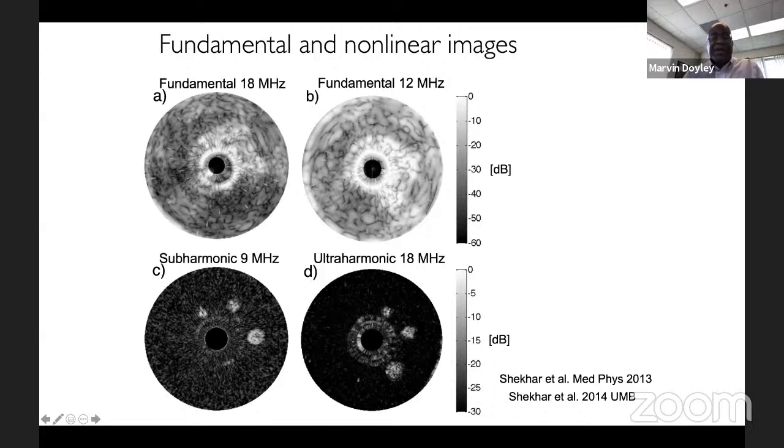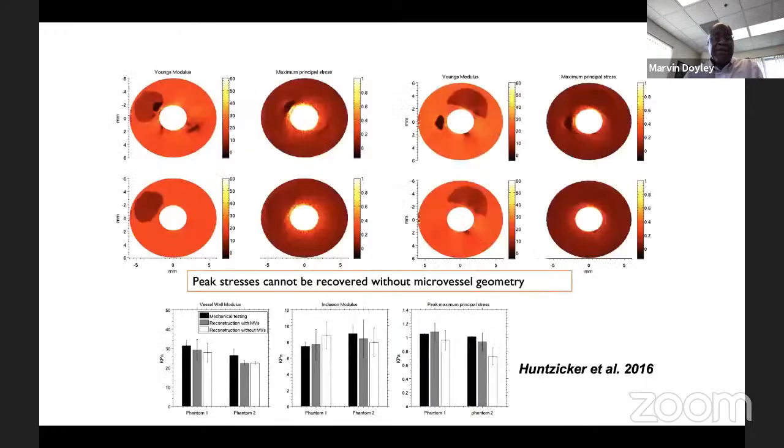So what we decided to do, well, I didn't do it, 2 students who were working. Steve Hunsiger was doing a lot of the coronary, the vessel work, and Himanshu was doing that. They got together, and what Steve did was to use the harmonic imaging to work out where these microvessels are, right?